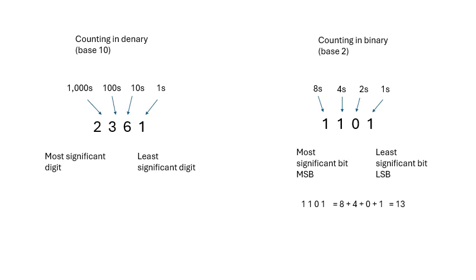So in base 10, that would be 13. The 1 on the right is the least significant bit because it's only ones. So LSB, least significant bit. The one on the left is the most significant bit because in this case that's the 8s.